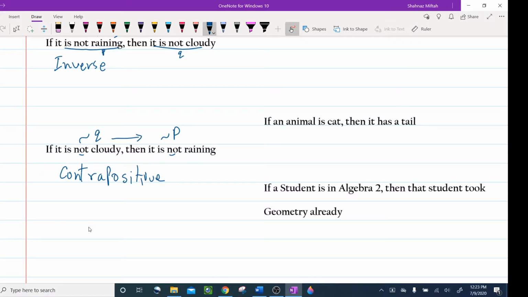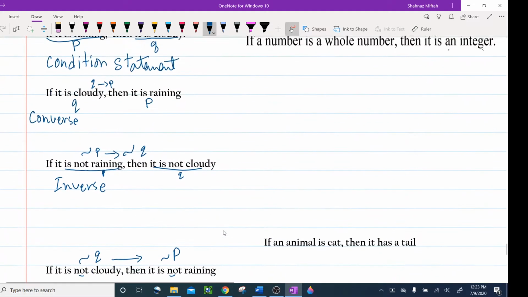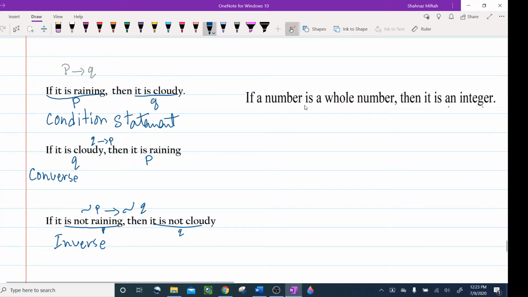Now let's do another example related to conditional statements. If a number is a whole number, then it is an integer. We know this is our conditional statement, if P, then Q. This is P and that's Q. So the question is, how do we write the converse?